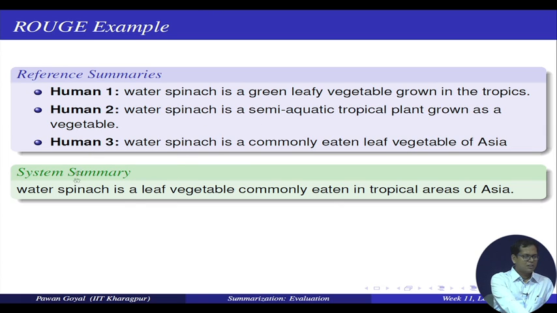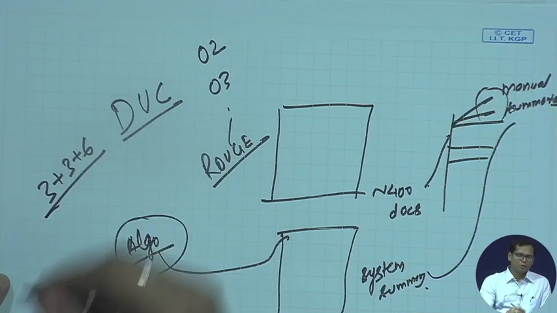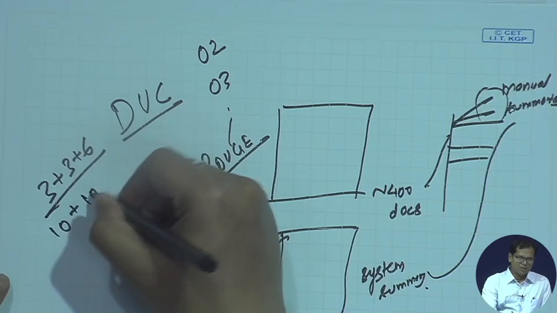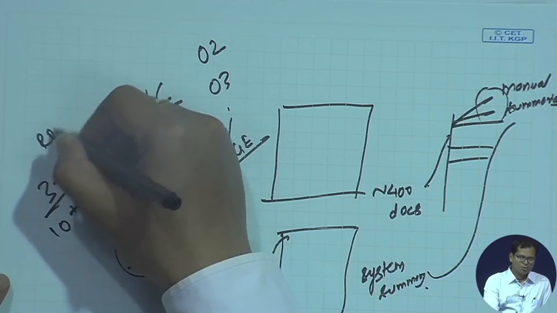And system and human 3: what is spinach 1, spinach is 2, Asia 3, then commonly eaten 4, then leaf vegetable 5, of Asia 6. So the number of common bigrams is 3 plus 3 plus 6, divided by total bigrams 10 plus 10 plus 9. That is the Rouge 2 score.